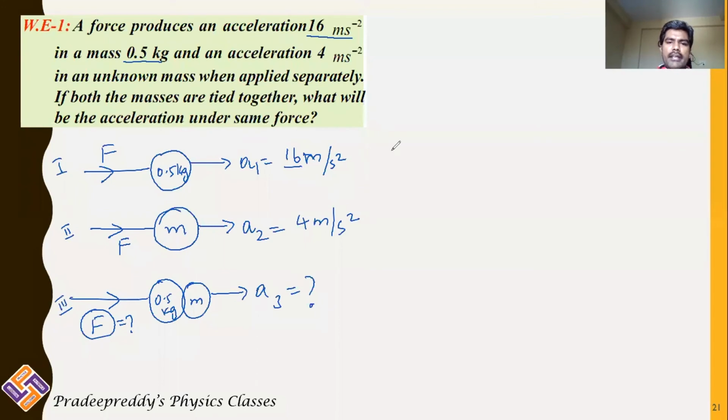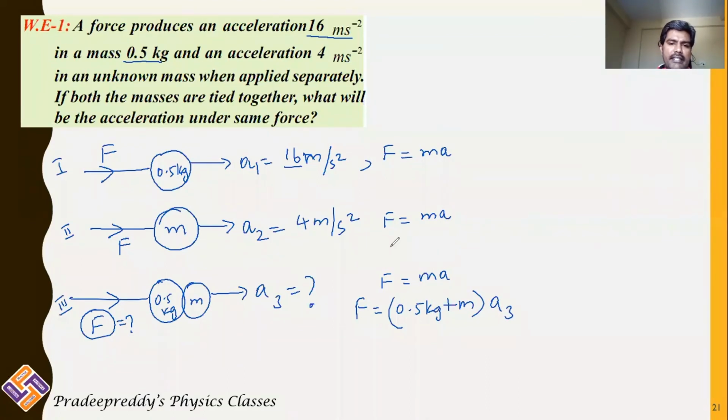In the first case, I can write F is equal to MA. In the second case also, F is equal to MA. And in the third case also, F is equal to MA. But what is F here? F is force, which is equal to mass, in this case 0.5 kg plus M, into acceleration A3. That is in the third case.